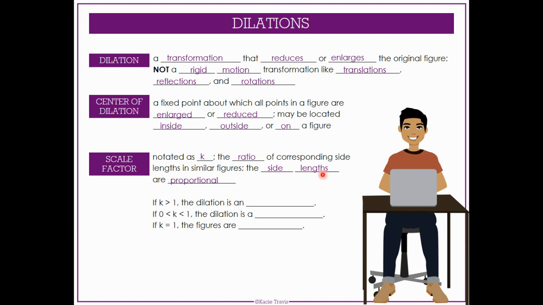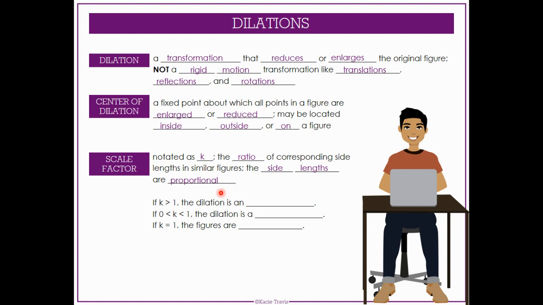This is kind of going back to what we did with similar figures. At times, we'll have to compare different side lengths so we can find our scale factor. Other times, we'll be given the scale factor, and you'll have to use that to either enlarge a side or reduce a side.